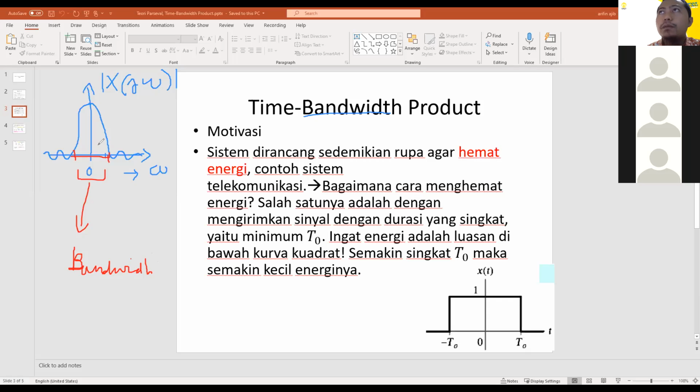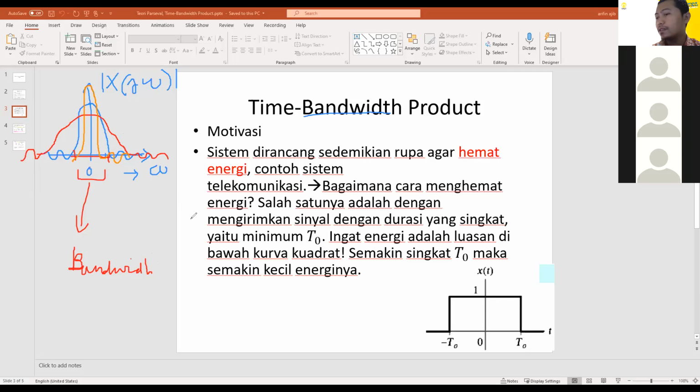So what's the problem with the bandwidth? Let's say the signal is being like this, or the signal, with a changed color, is being like this.